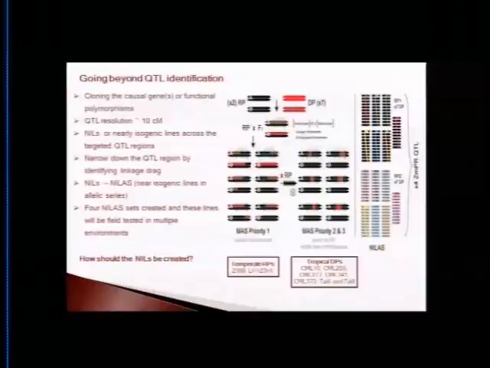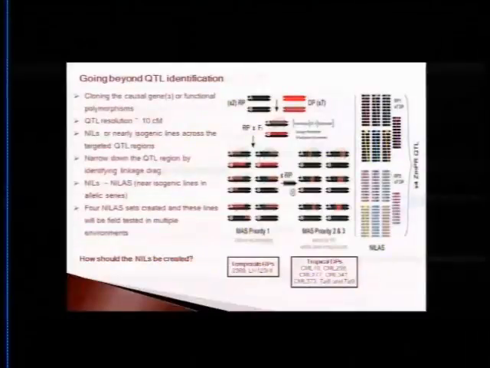was created by crossing a donor parent with the recurrent parent, and the F1 was crossed to the recurrent parent, and using marker-assisted selection, introgressions were captured which were in the targeted region.